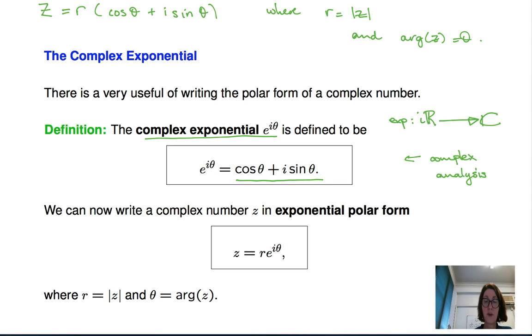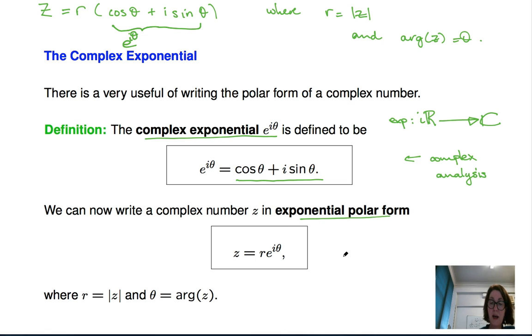In this course, for us, it gives a really convenient way to write the complex number in exponential polar form. So instead of writing z equals r times (cos theta plus i sine theta), you'll notice that all of the stuff in the bracket is just what we define to be e to the i theta.